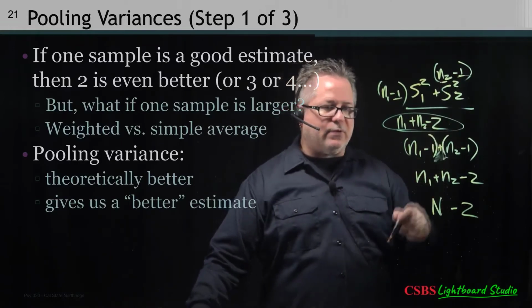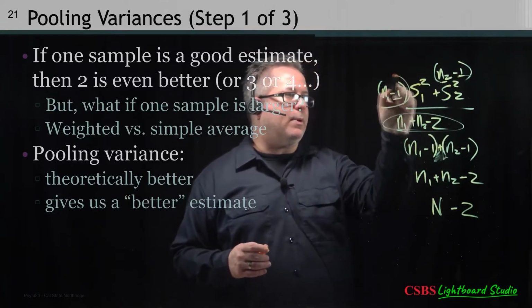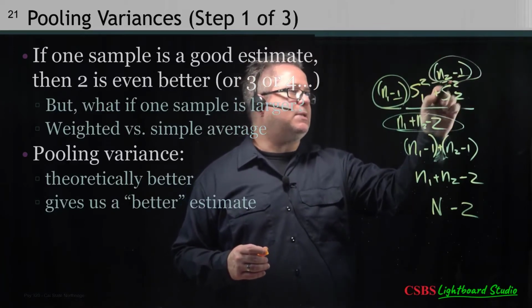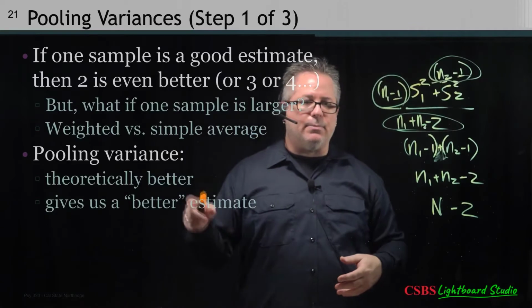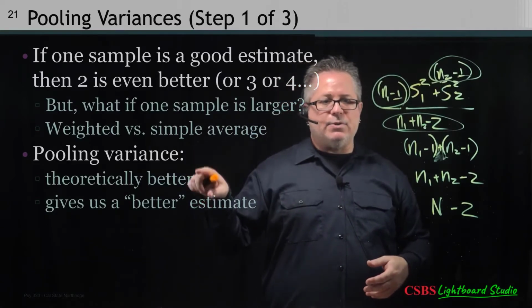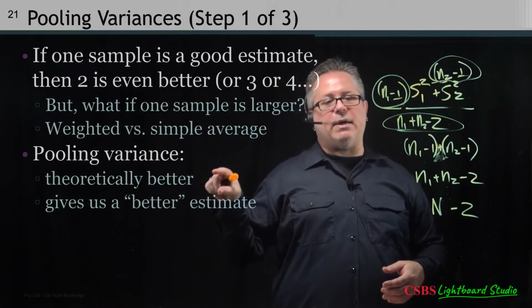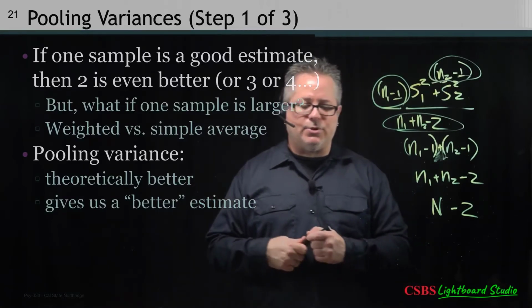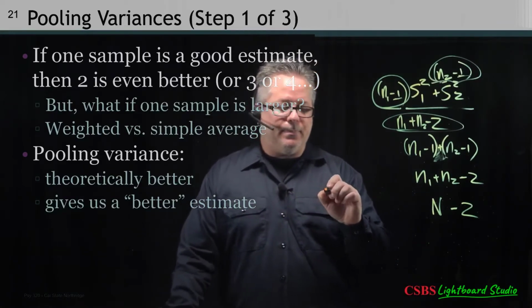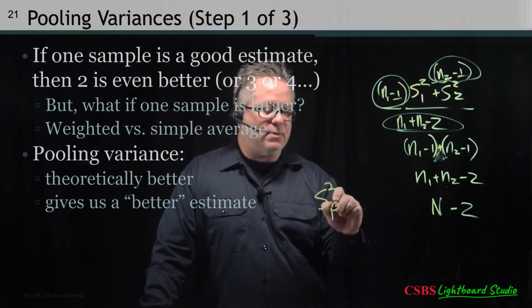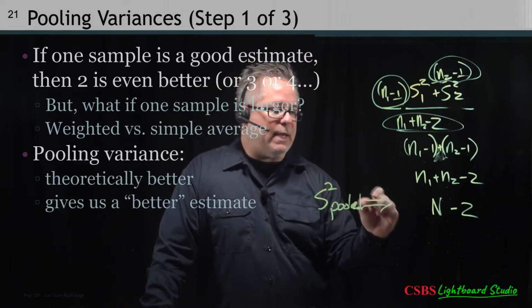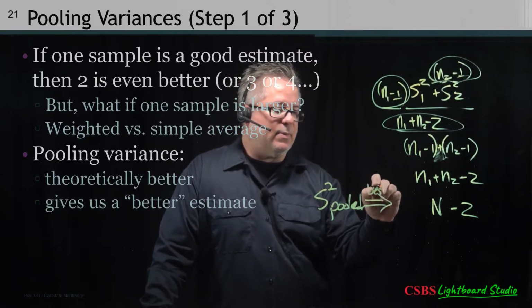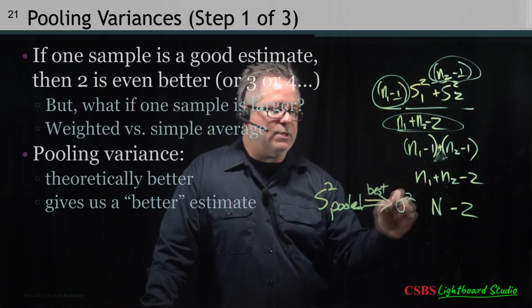All right, so we'll talk more about this in a second, but the idea is I want to take the sample size into account when pulling the variances together. So this theoretically is a better estimate of sigma. If I'm able to take a pooled variance, some kind of weighted average of the sample variances, this is going to be the best estimate of our population variance.